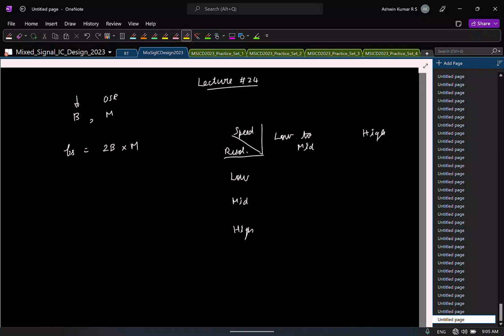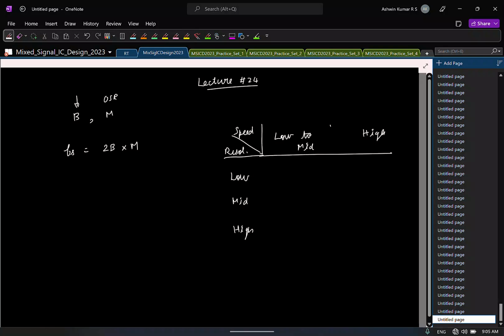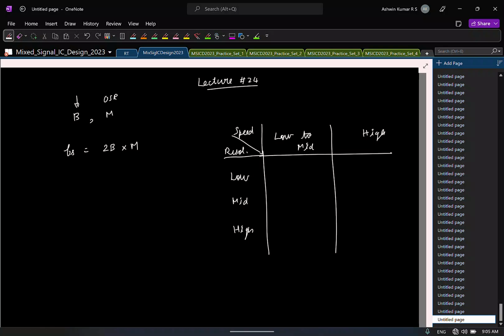It turns out at low speeds we usually need these guys, and at high speeds we need these guys, right? So here is where delta sigma nicely fits in. Now at really high speeds, where the speeds are hundreds of gigasamples per second, the resolutions are really low, like 5 bits or 6 bits.